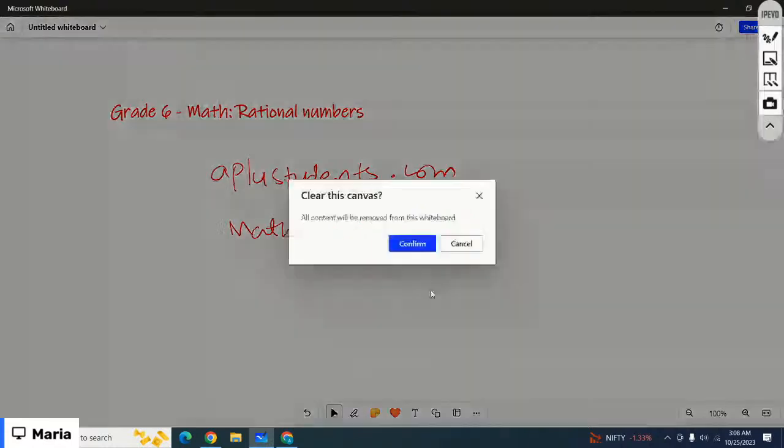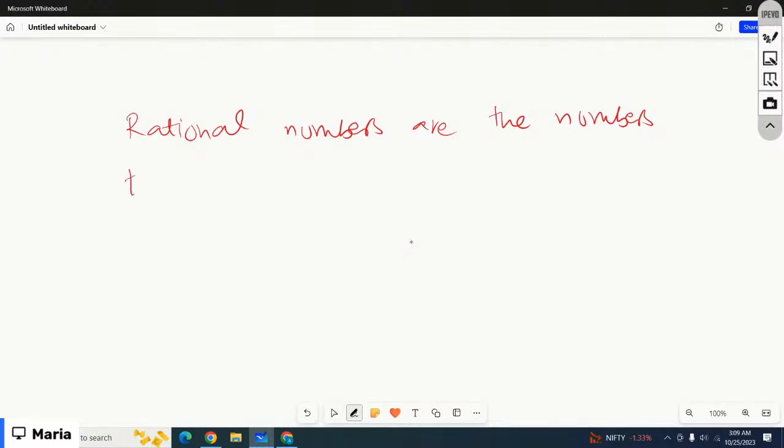Rational numbers are the numbers that can be written in the form a over b. You can note down the definition.